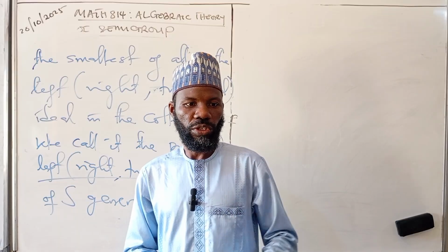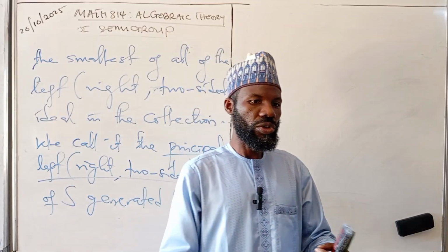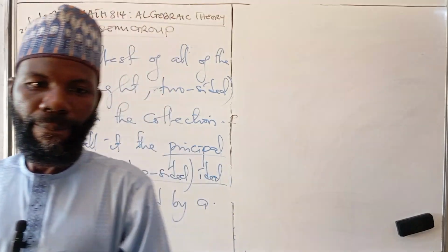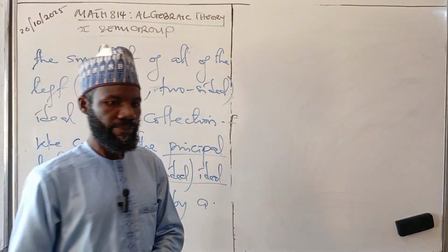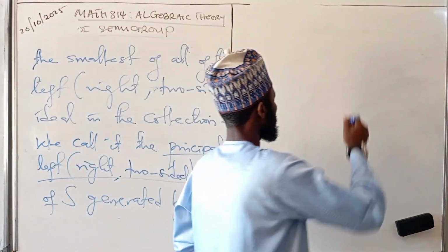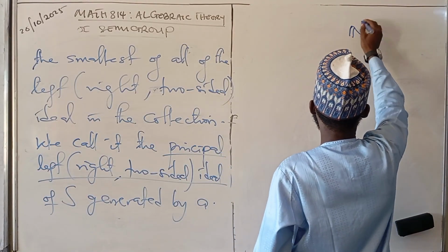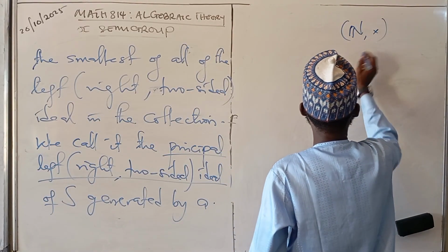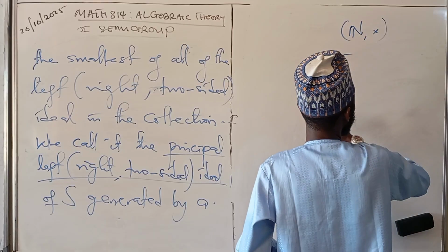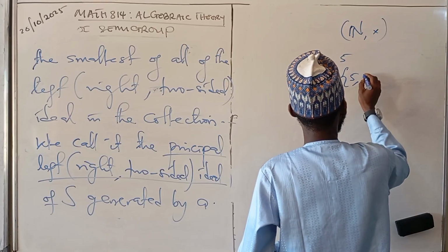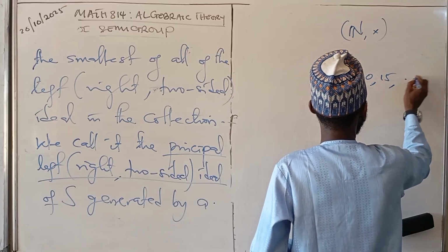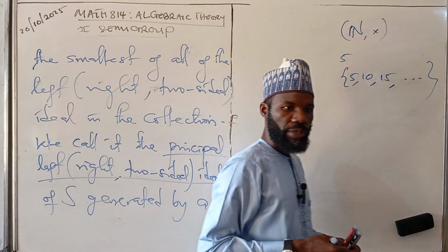You are picking multiples of 5? How do you know to take multiples of 5? Because I said ideals in N with multiplication. You give me the ideal generated by 5, and you said I should take 5, 10, 15, and so on, all multiples of 5.